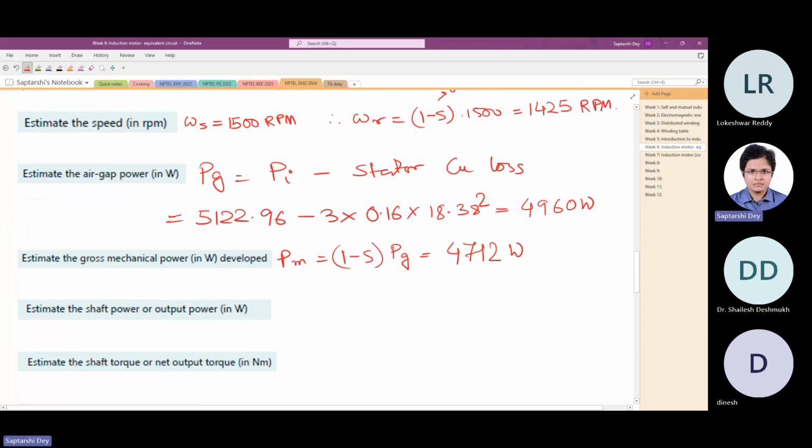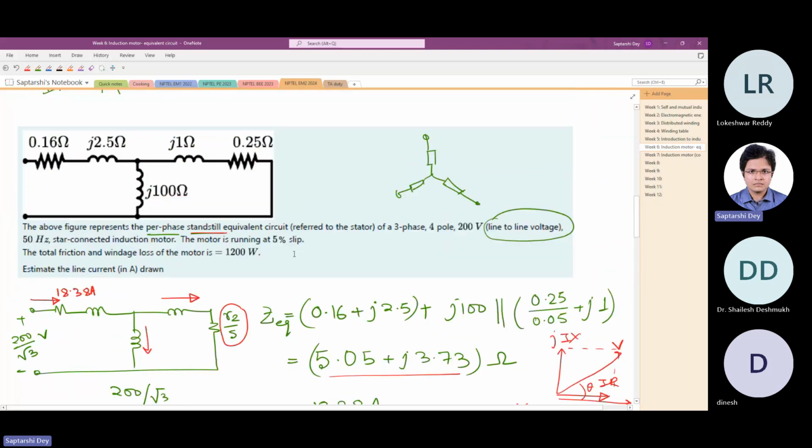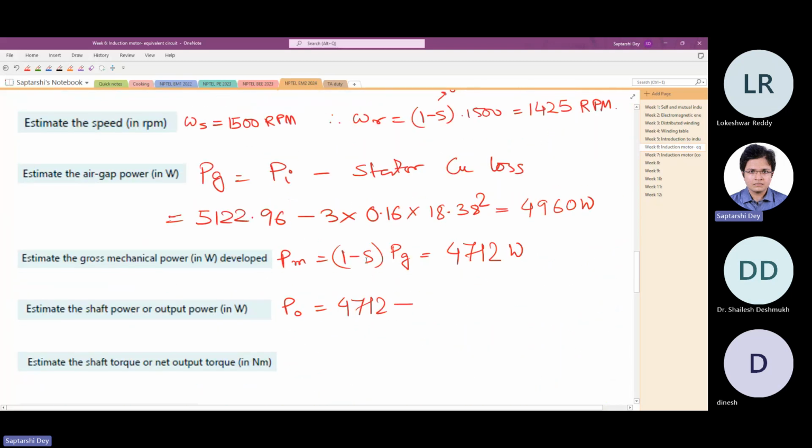Shaft power or output power is the gross mechanical power minus the friction loss, which is given as 1200 watt. So it comes out 3512 watt.